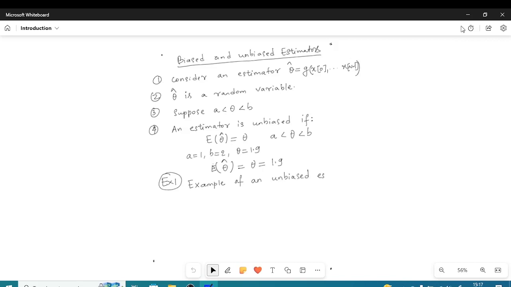Okay, so consider the problem of DC level estimation, x[n] equals A plus W[n], for n equals 0 to N minus 1.